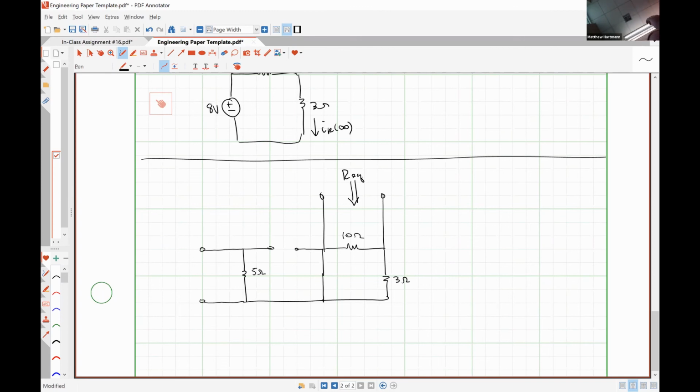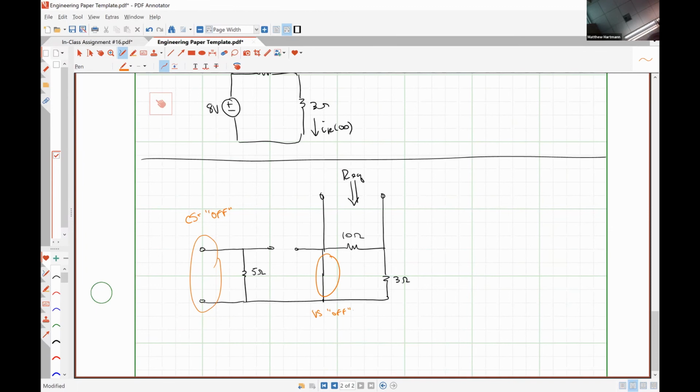So to be very, very clear here, this open circuit is because our current source is off, and this short circuit is because our voltage source is off.